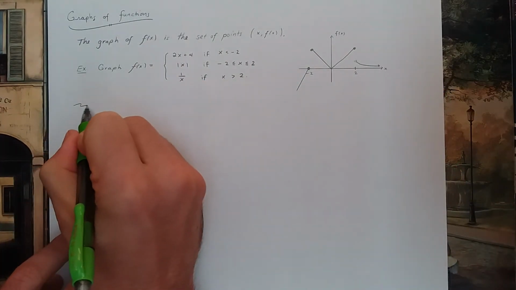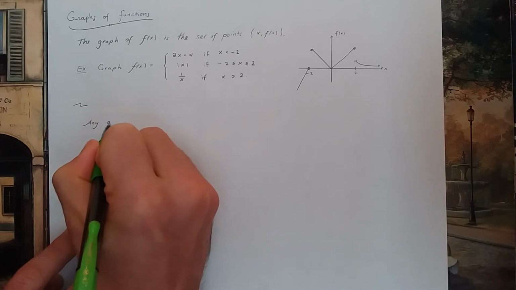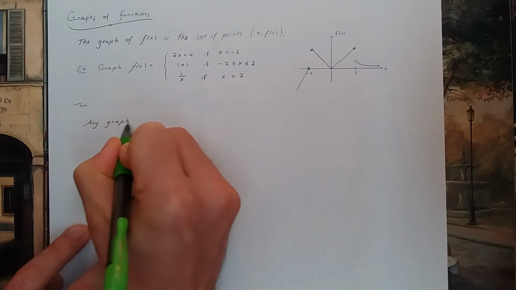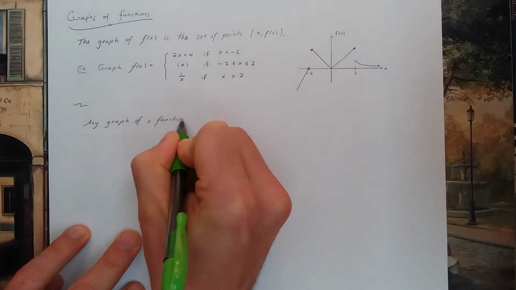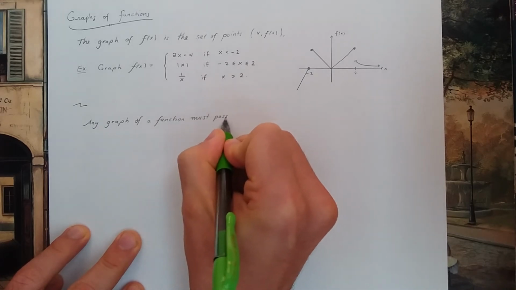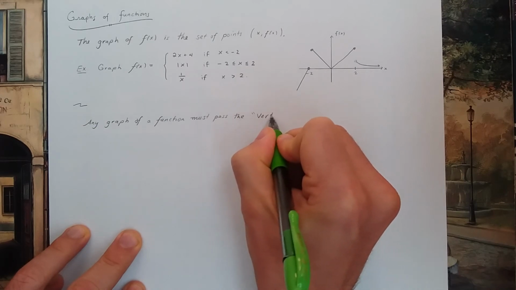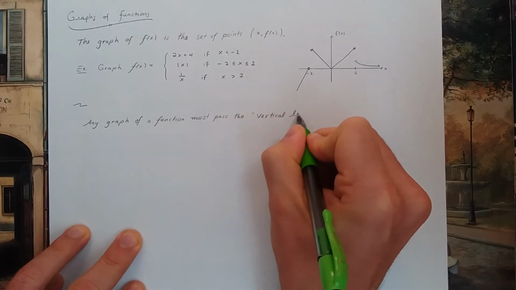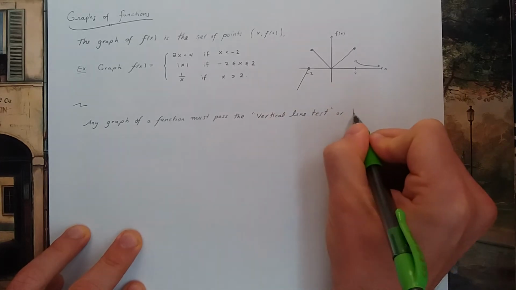Now, the key realization is that any graph of a function must pass the so-called vertical line test, or VLT.